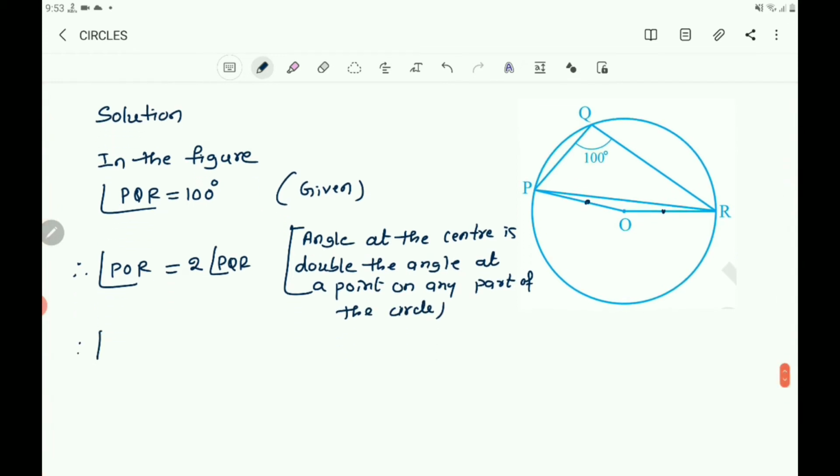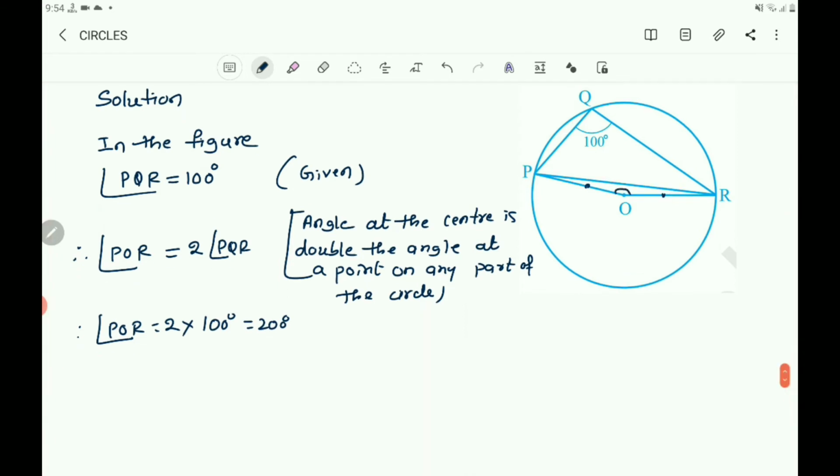Therefore you can write angle POR is equal to 2 into this 100 degree, because angle PQR is 100 degree, that equals 200 degree.